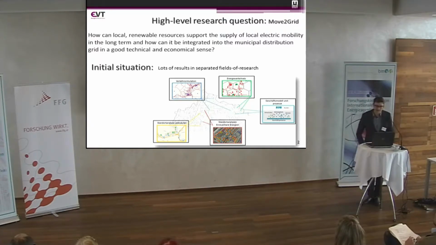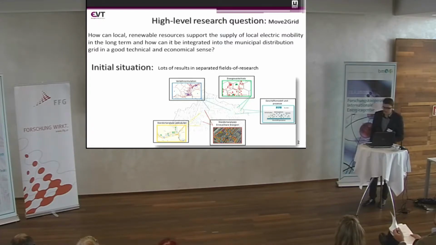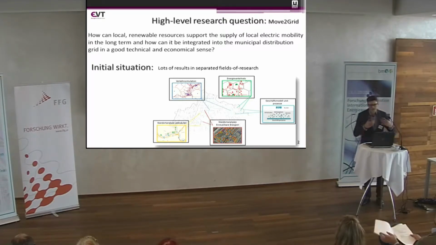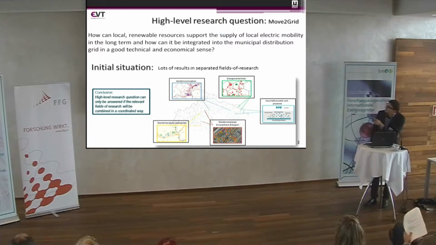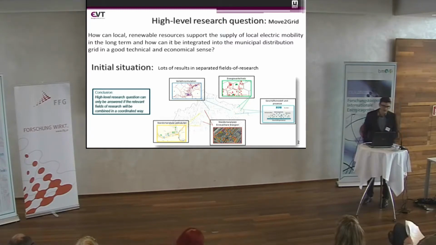And the initial situation, as we see it mostly today, is that there is various fields of actions, mobility simulation, grid planning, and also business planning, business cases, which can be seen today mostly as separated fields. And our approach actually was that the overall question can only be answered when the fields are addressed in a combined and coordinated way.